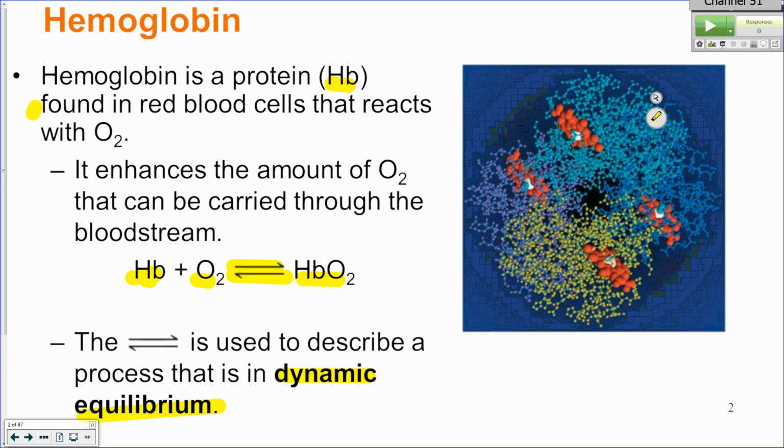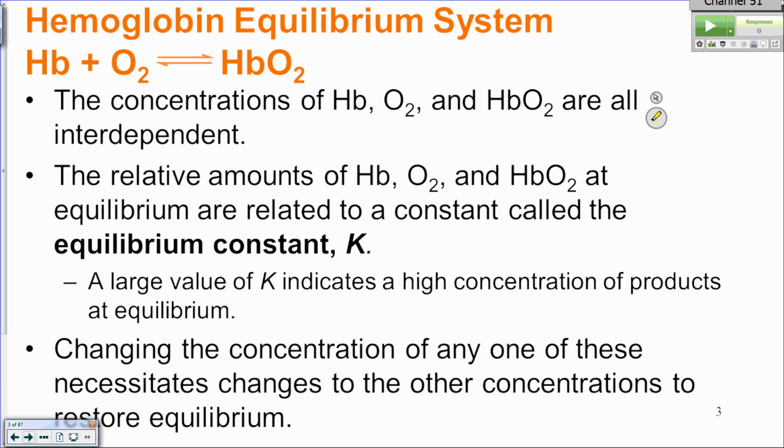Would this hemoglobin rather be free, or would it rather be bound to the oxygen? It's going to depend on which side that equilibrium favors. It may not favor either side; it may be balanced. It occurs in different ways. If we think about it, the concentrations of hemoglobin, O2, as well as bound hemoglobin are all related to each other, or interdependent on one another.